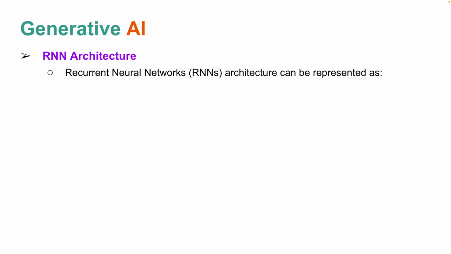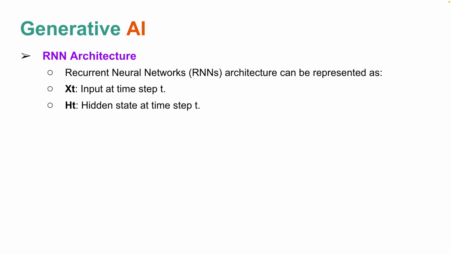Recurrent neural network architecture can be presented with a few terms. The first thing is XT. XT means the input at a particular step at time t. What is the input value at a particular timestamp t? Because this refers to timestamp data or time series data, it also measures the data against a particular time value.